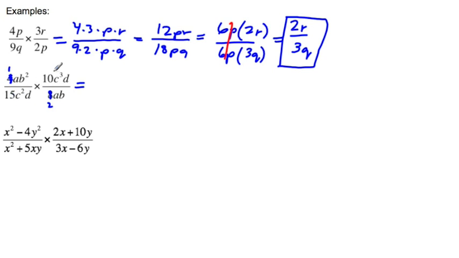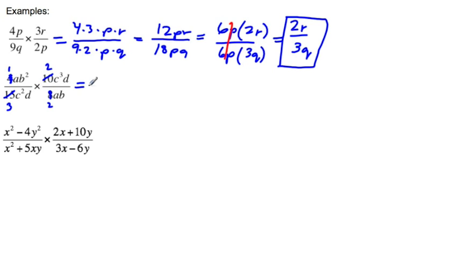I can do the same thing with 15 and 10, because they both have a common factor of 5. So I'm going to factor out a 5 from 10, and that leaves me with 2. Factor out a 5 from 15, I'm left with 3. I've already divided both of these terms by 5 since that was a common factor.